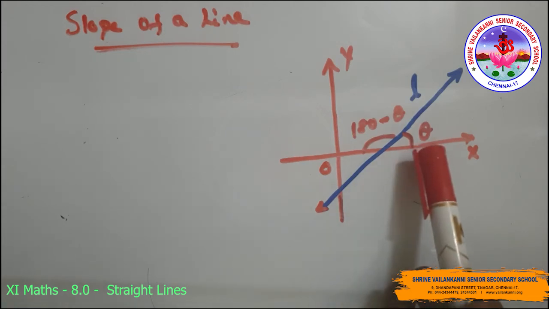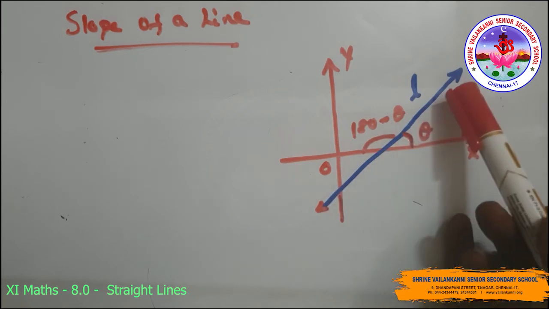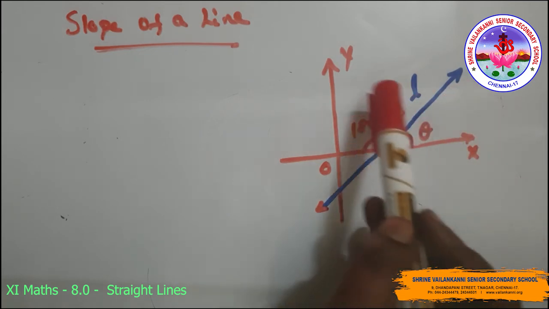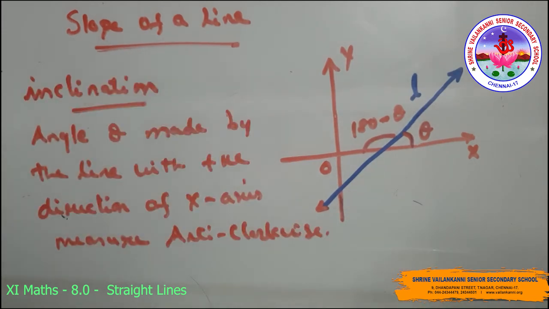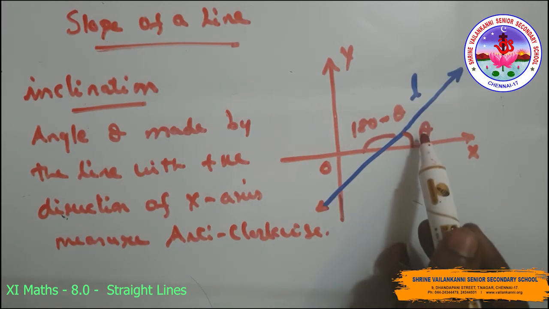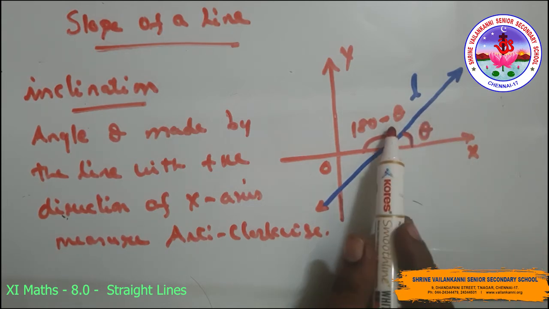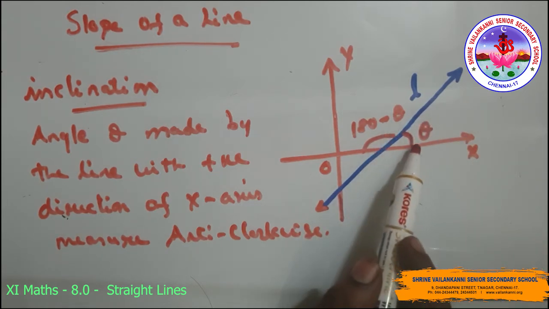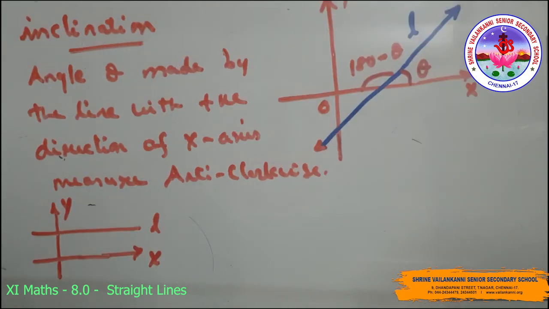The angle theta made by the line with the positive direction of x-axis and measured anti-clockwise is called the inclination of the line. So inclination of a line is the angle theta made by the line with the positive direction of x-axis measured along anti-clockwise direction.